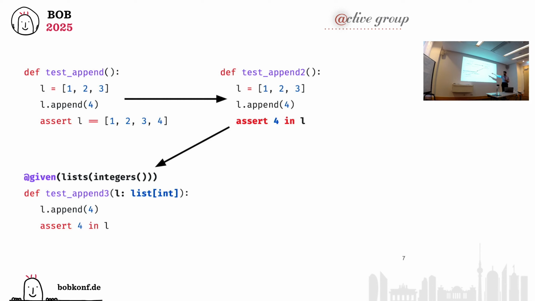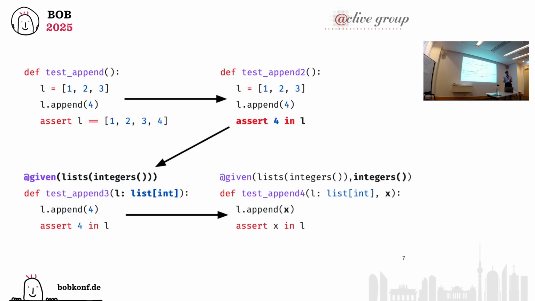What we see there is a generator for lists of integers. So now the semantics of running this is: I'll generate a random L, then I'm going to append 4 to it, then I'm going to check if the 4 is in the list at the end. And the last step of abstraction we do is we now generate x2. Before we were using a concrete 4, but now our property is somewhat fully abstracted away, right?